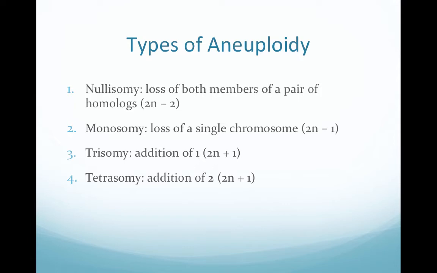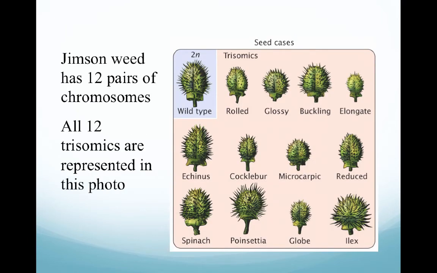A diploid chromosome plus another copy of genetic information results in a triploid. Okay, so that's trisomy. And then tetrasomy is an addition of two more copies of genetic information. Those are the types of aneuploidy that can actually take place.